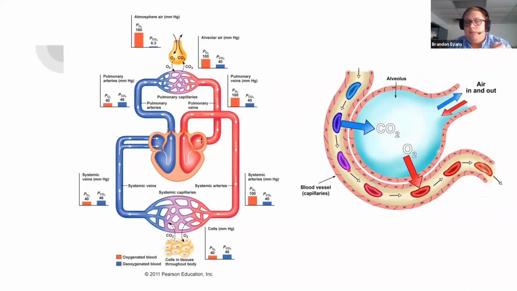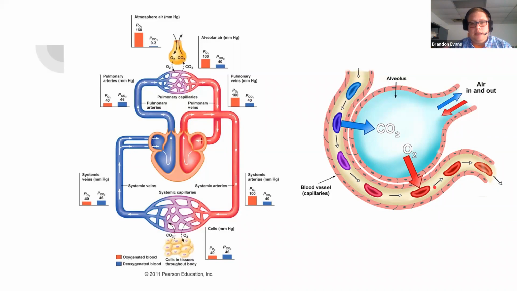And then the red blood cells are now taking up oxygen, because their oxygen at this point was only 40. So now that partial pressure of 100 is transitioning over to our red blood cell, and it's uptaking that oxygen, and it's going to transport that out to the rest of our cells.